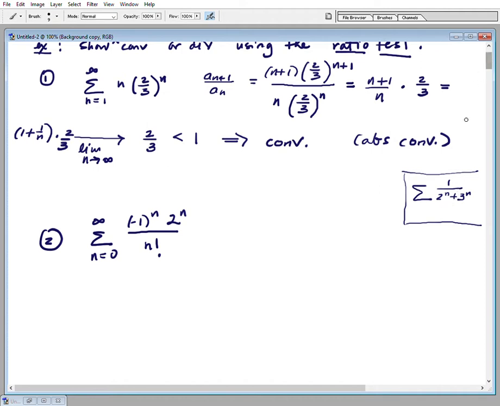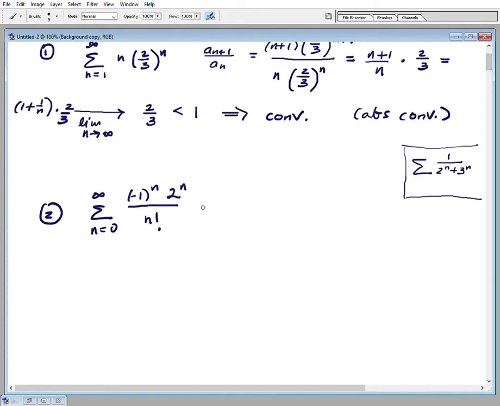But if it was 2 to the n times 3 to the n, things multiplied together, that looks more like a ratio test possibility because you end up with a lot of canceling. Factors multiplied in the numerator and denominator are usually candidates for the ratio test. So let's try this here. We're looking at a n plus 1 divided by a n.